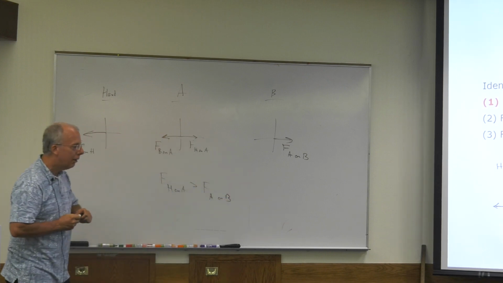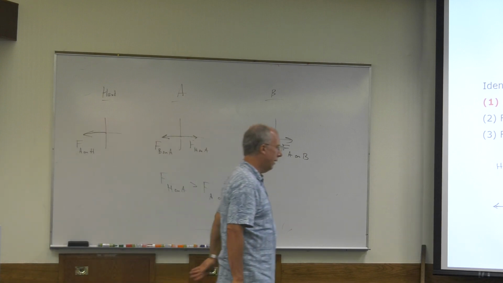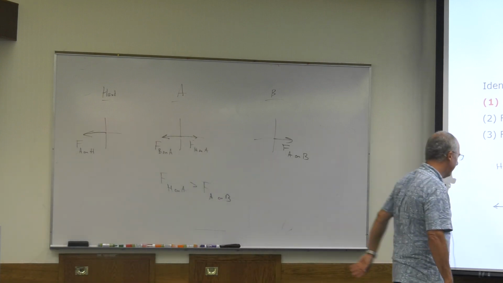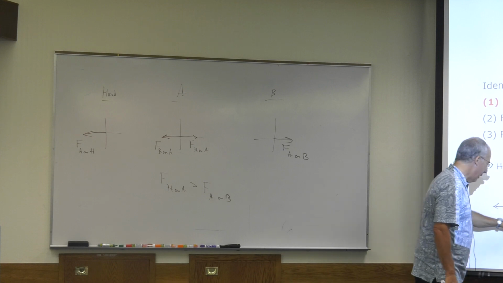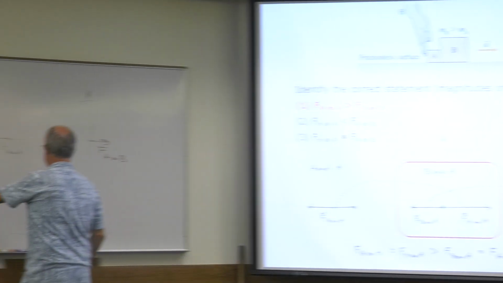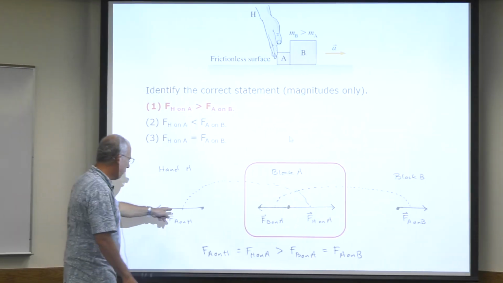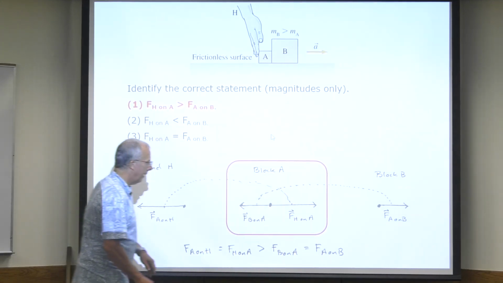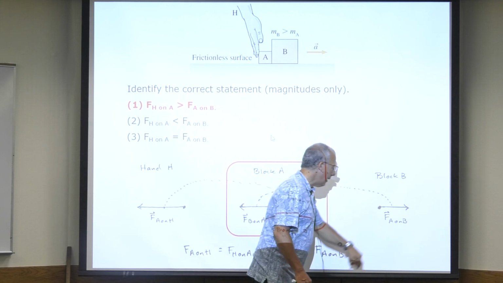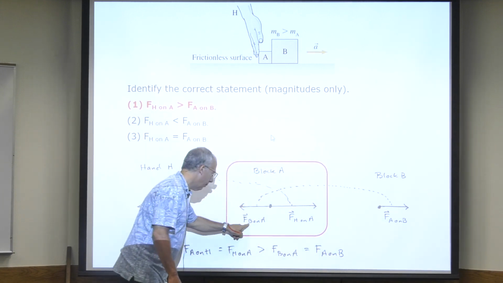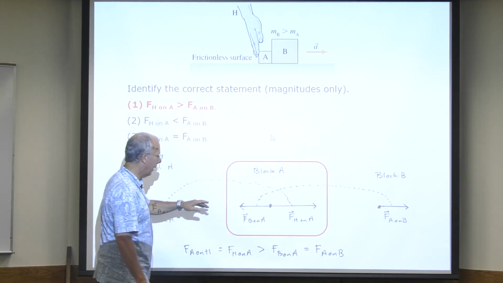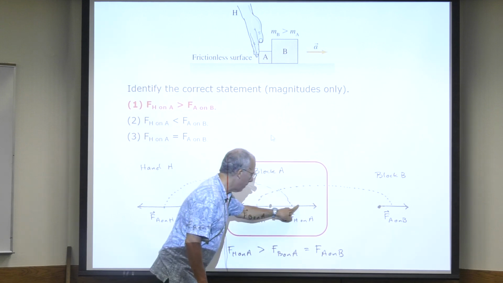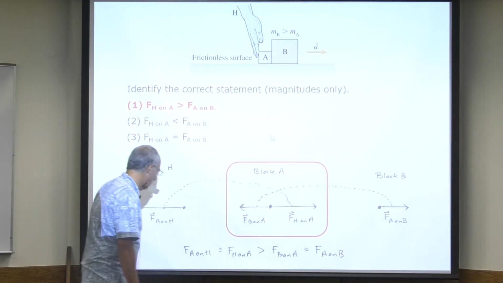There you go. All right, so here's how they, this is not me, okay? So here is A on H. And notice, there's the force pair, H on A. And then here, A on B, and there's a force pair, B on A. And again, if this is accelerating, this magnitude has to be greater than that magnitude.